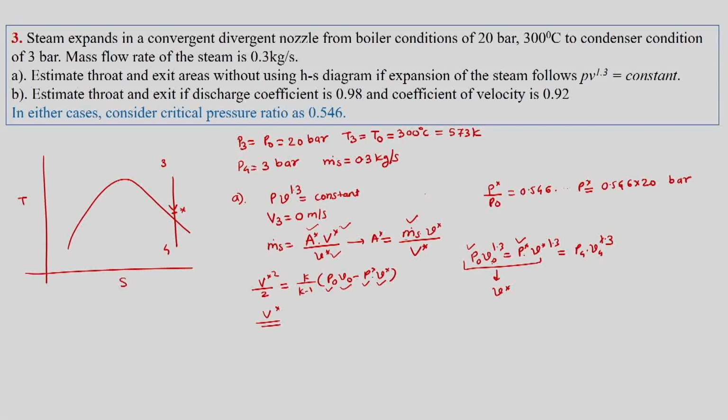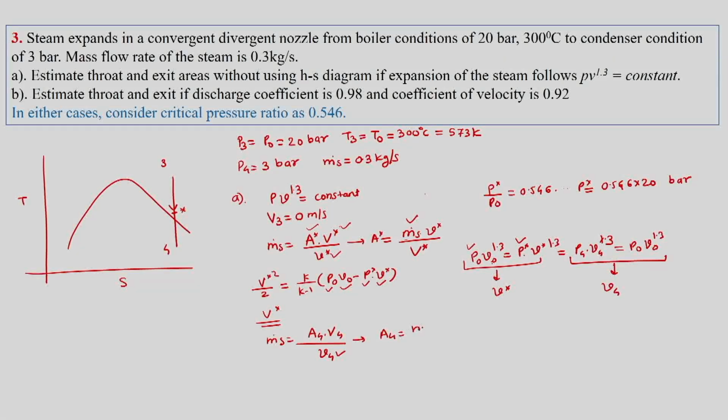A similar procedure we can execute for finding the exit area, where m dot s is equal to A4 V4 upon v4. By this formula, where we have P naught V naught raised to 1.3, using this we will find v4. So v4 is known, A4 is to be found out.